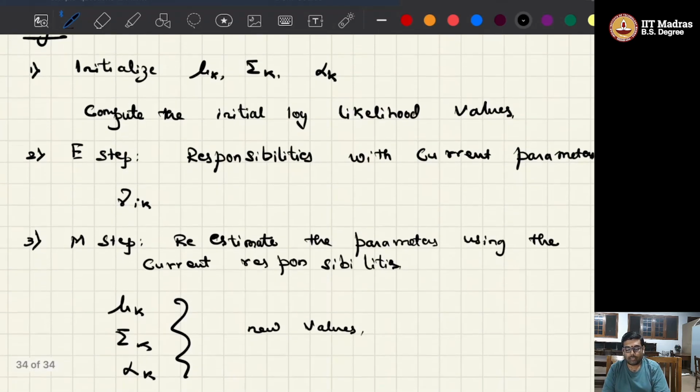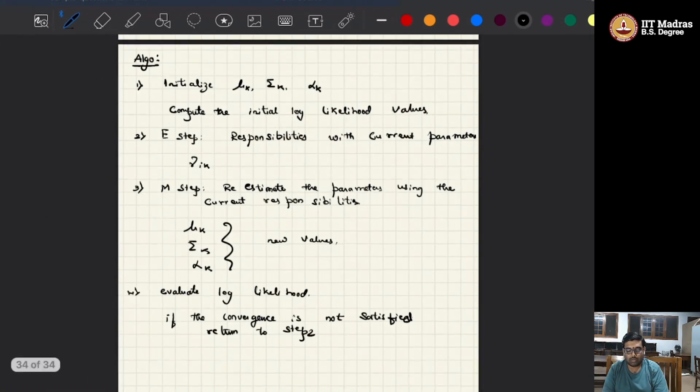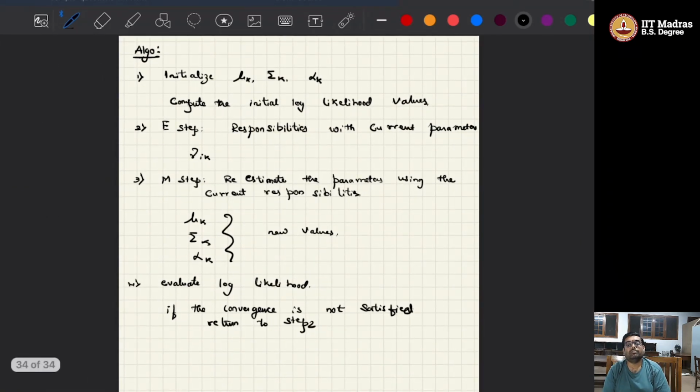This is your overall iterative algorithm for EM for Gaussian mixtures. I hope this derivation gave you a very nice mathematical foundation on how to handle the EM. So we will stop at this point, and we will meet in the next tutorials with implementations of variational autoencoders. Thank you.